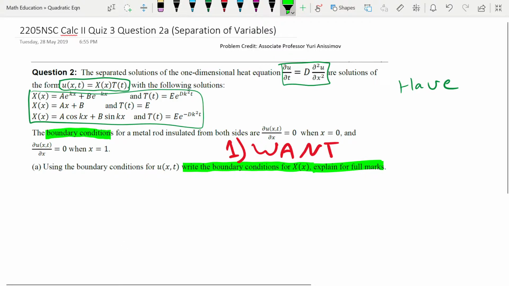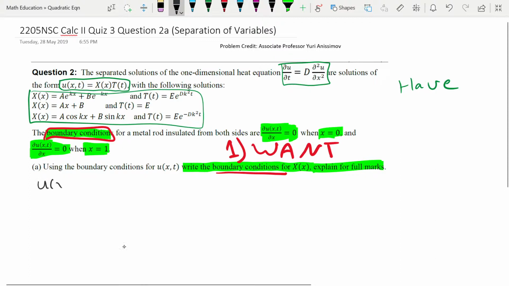In particular, the partial with respect to x is equal to 0 when x is equal to 0, and the partial with respect to x is equal to 0 when x is equal to 1. So we want boundary conditions, and here we have two boundary conditions.